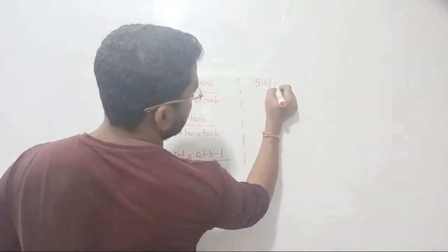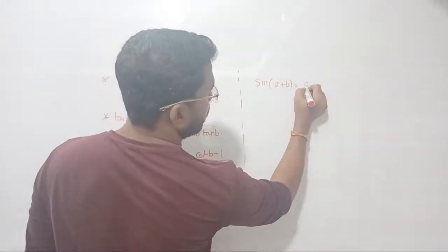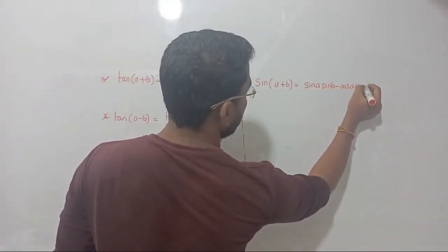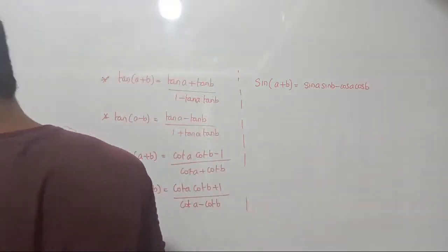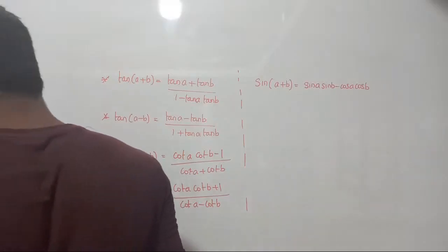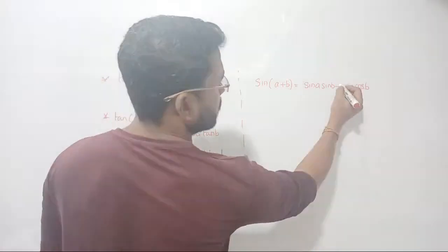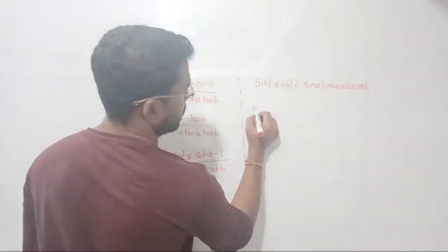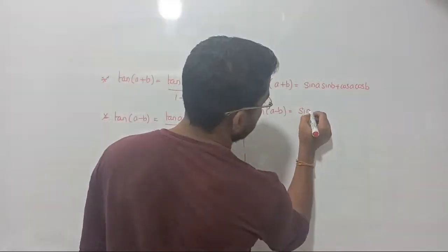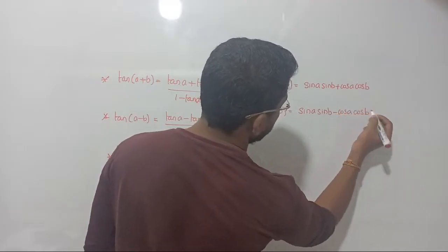The formula is sin A sin B minus cos A cos B. Similarly, for sin of (A minus B), we have sin A sin B minus cos A cos B. We know these things.